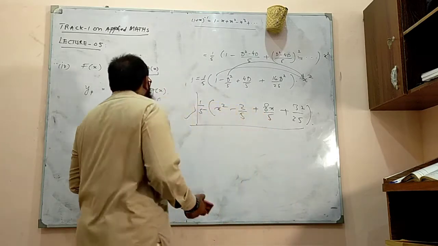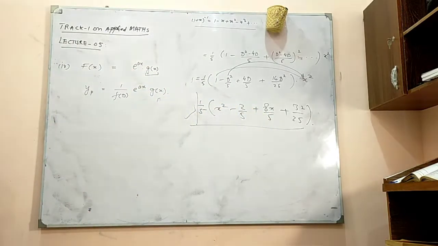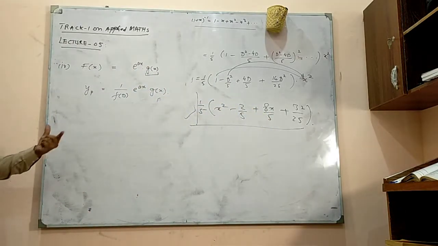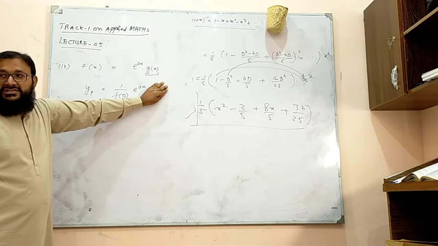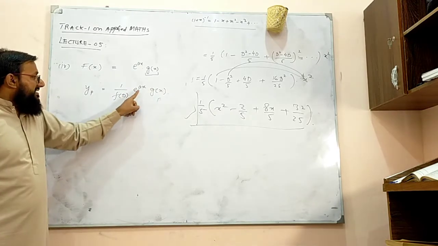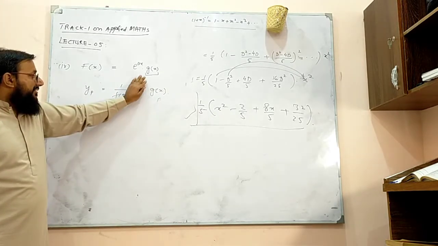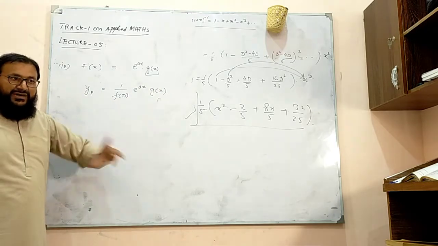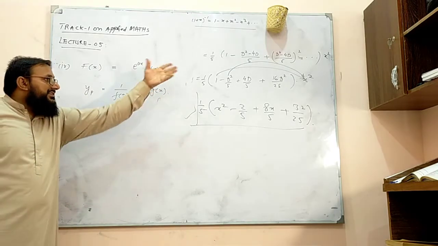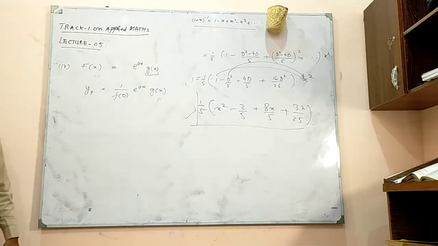So how to deal with this case? When you have a product of two functions, if you have only exponential, what is to be done? Just replace D by a, you are done. If it is sinusoidal, then D square is going to be minus a square. If it is polynomial, then you have to do this idea. But now in this one, we have to shift the exponential.